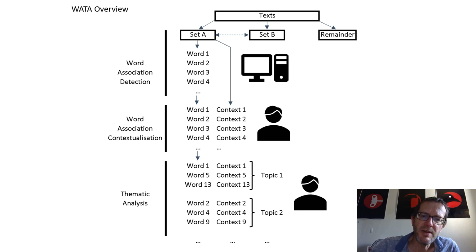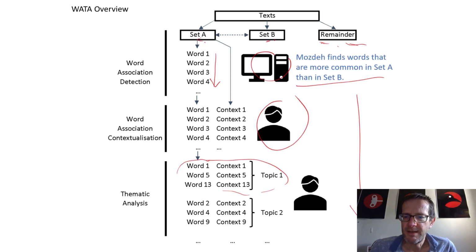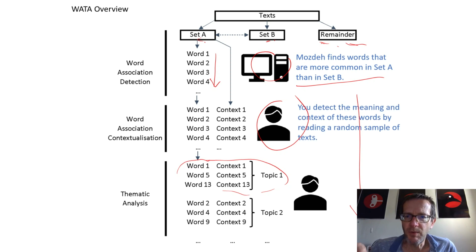So you reorder the words as appropriate, so that you've got all the related words, all the words that fit into a generalized concept, into a theme or topic. Okay, so it starts with a computer stage, and then it ends up with a human stage: contextualization and thematic analysis, the human stage. Okay, so Mojday finds the words more common in set A than set B. You detect the meaning and context of these words, and then you cluster the words into themes.